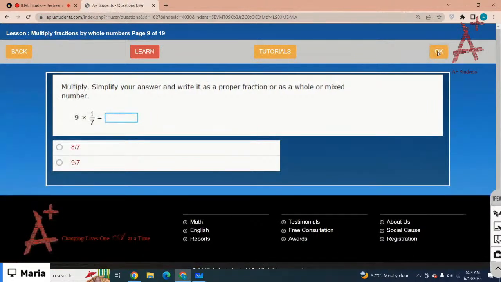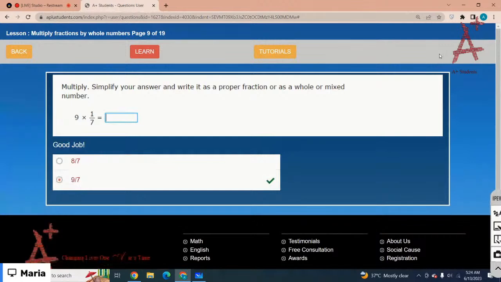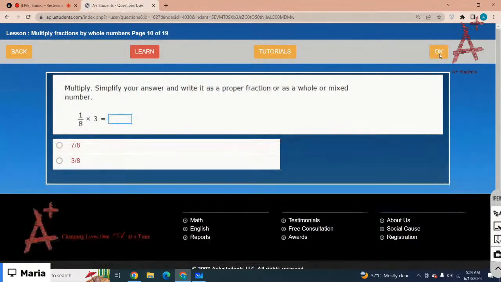Okay, 9 times 1 over 7. So which is the correct option? It would be, 9 times 1 is 9. So it would be 9 over 7. Very good. Okay, the next one is 1 over 8 times 3.